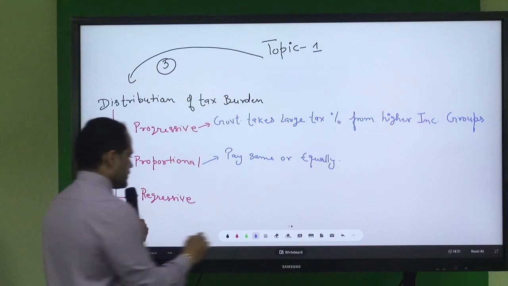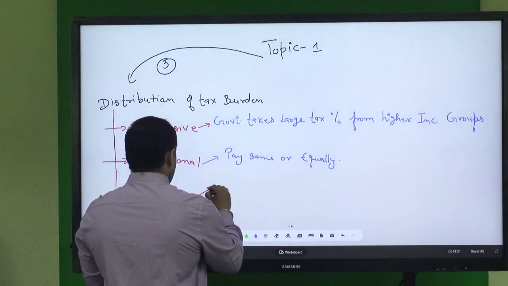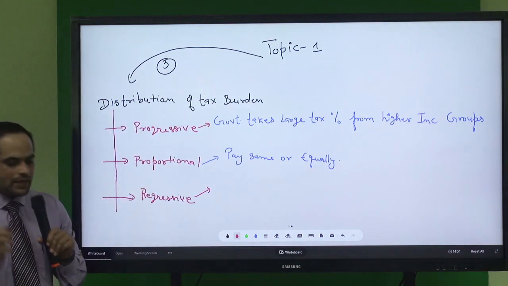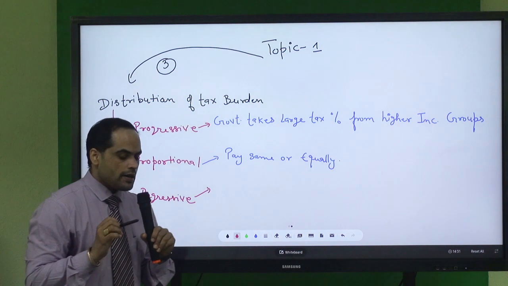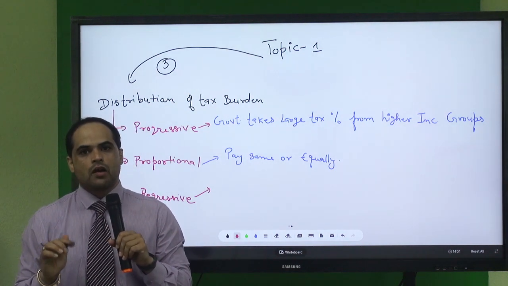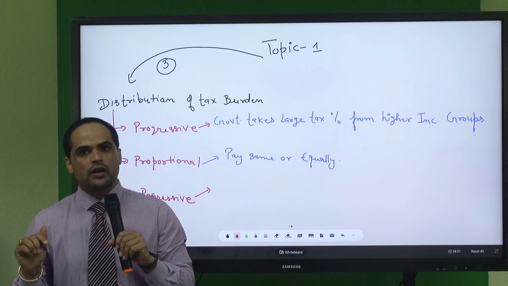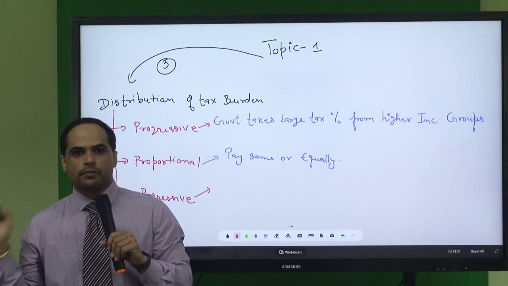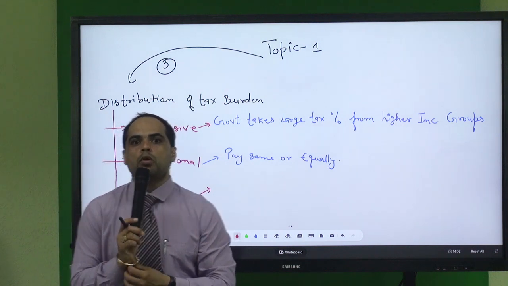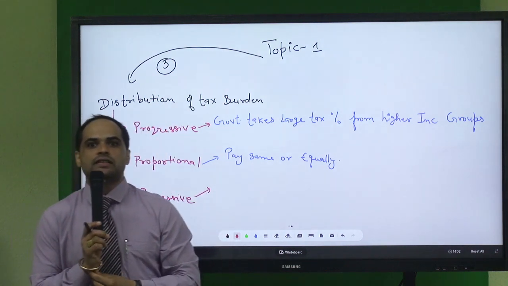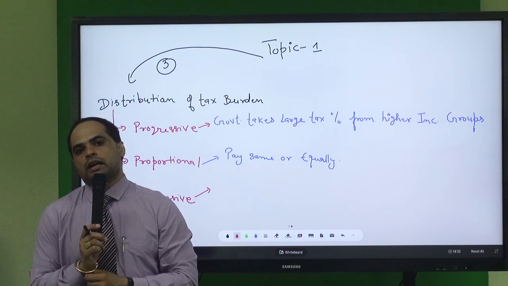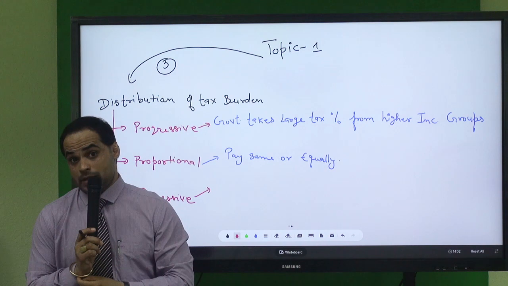All right. And regressive tax burden, regressive tax system means that lower income group people will pay high tax compared to the higher income group. Why? Because lower income group people are more likely to take benefits from the government compared to the higher income group people.